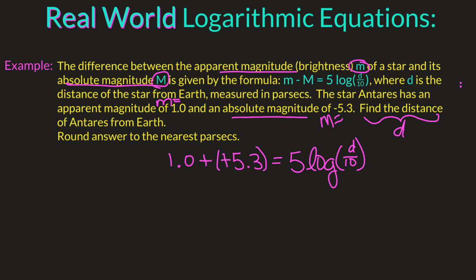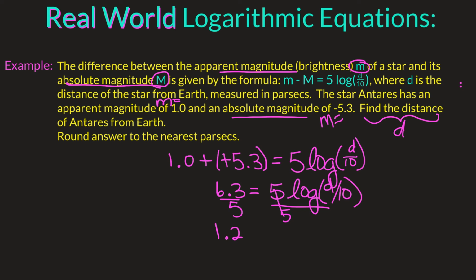This would change to a plus, so that would be 6.3 equals 5 log of d divided by 10. Okay, so we need to get that log by itself, so we need to divide both sides by 5. So if we do that on the calculator, we've got 6.3 divided by 5. That comes out to be 1.26.